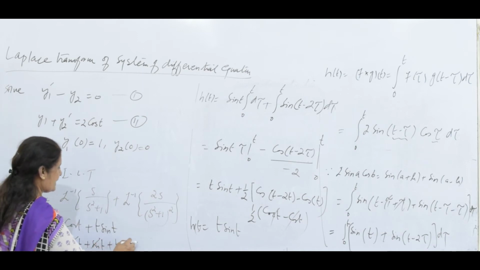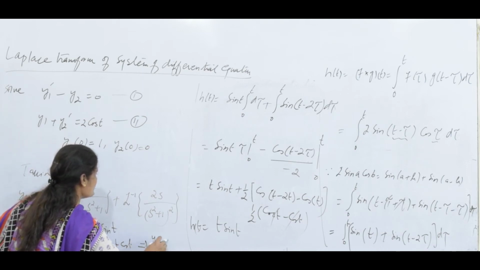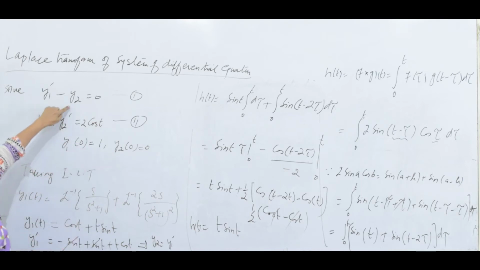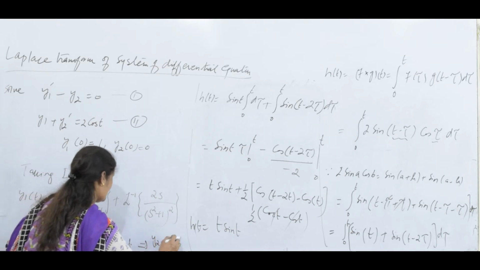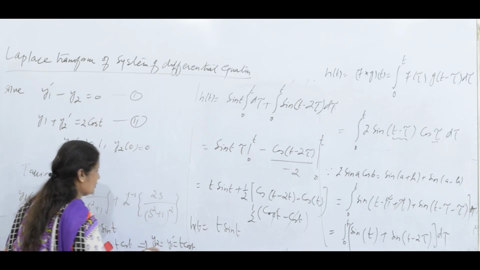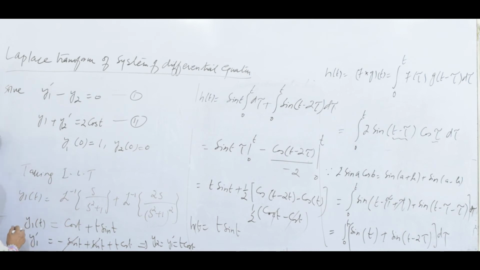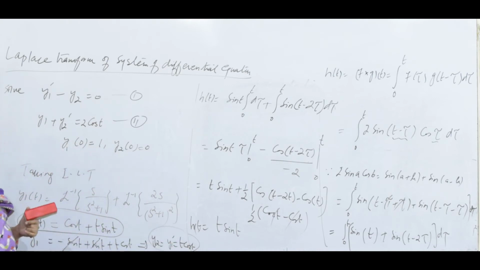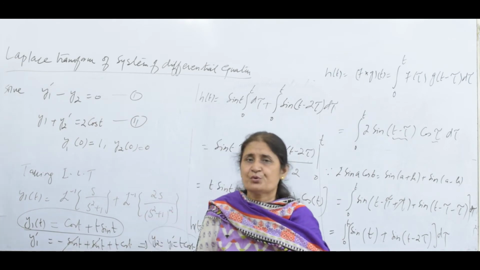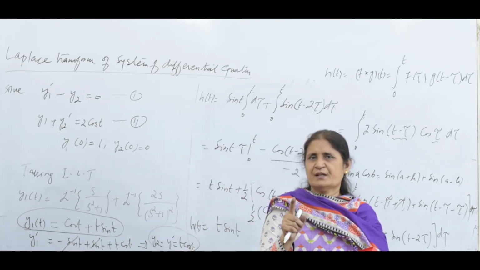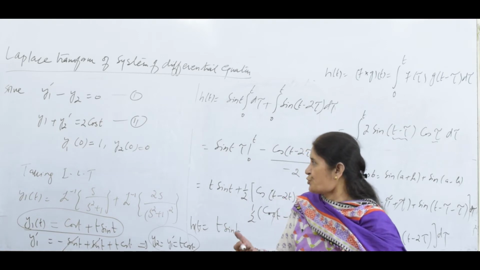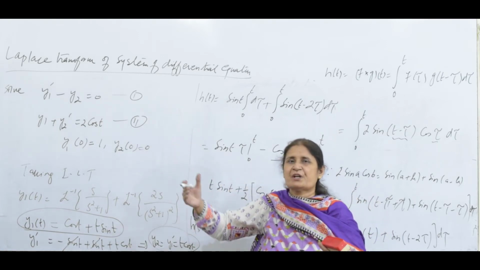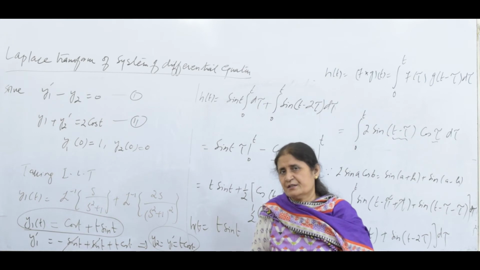So this implies y2 is equal to y1 dash, and y1 dash is t cos t. So y1(t) is this, and y2(t) is t cos t. So sometimes things are very easy. If you are using Cramer's rule, you can apply Cramer's rule on y1, and then the rest of the variables, y2, y3, you can get by differentiating or by integrating.